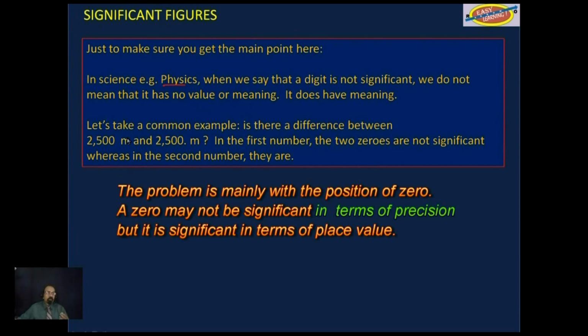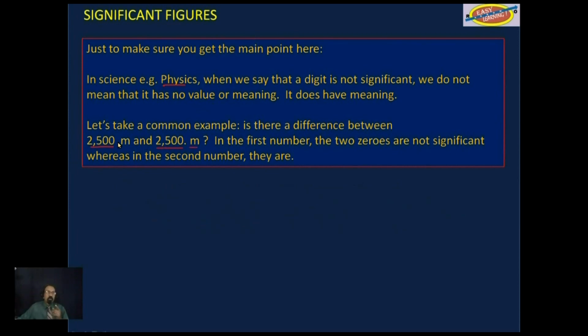Take these two numbers, 2,500 meters and 2,500 with a dot meters. In the first number, the 2 zeros are not significant. Doesn't mean it doesn't have any meaning. Whereas in the second number, they are.